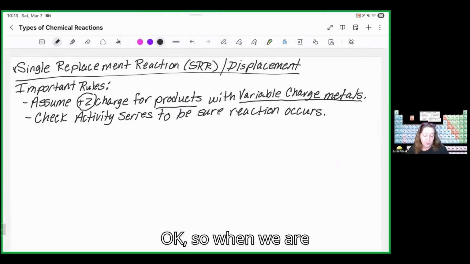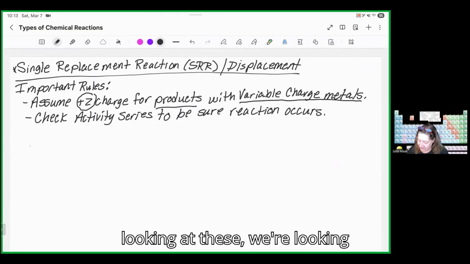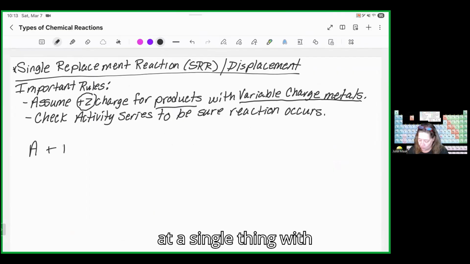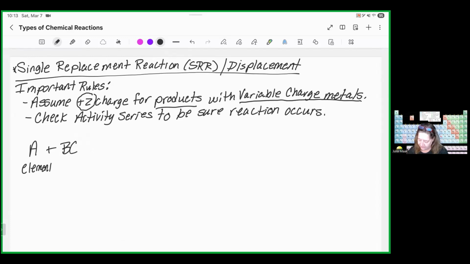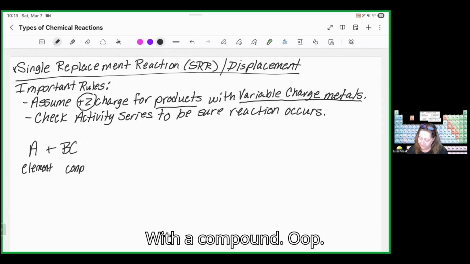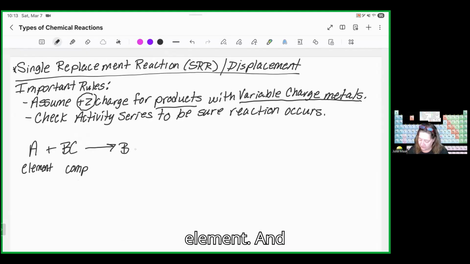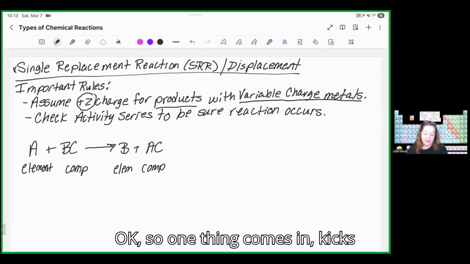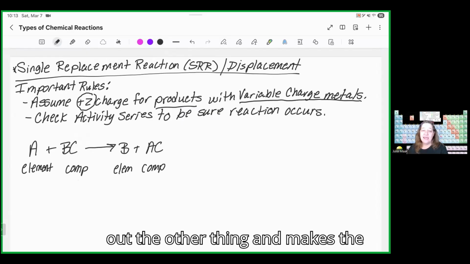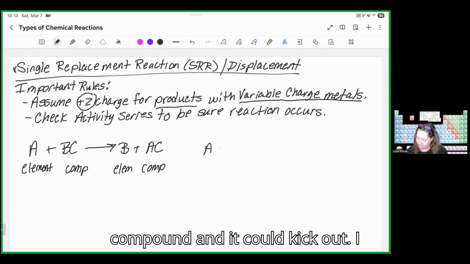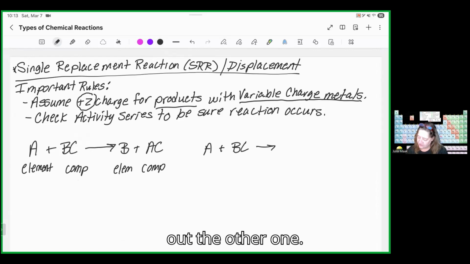When we are looking at these, we're looking at a single thing with a not single thing, so like an element with a compound. An element with a compound makes a different element and a different compound. One thing comes in, kicks out the other thing, and makes a compound.